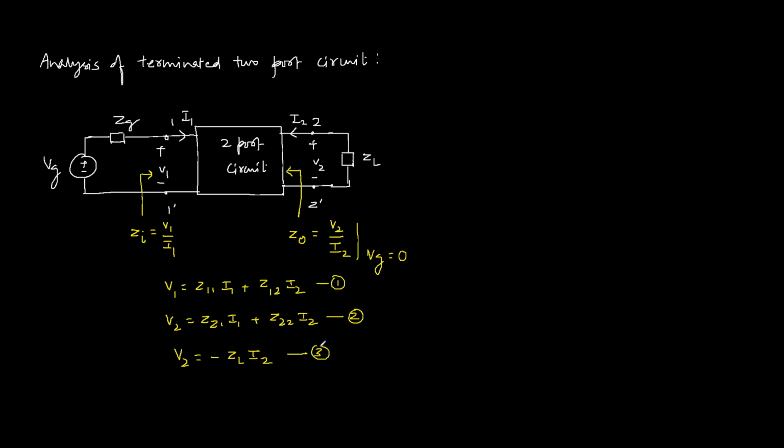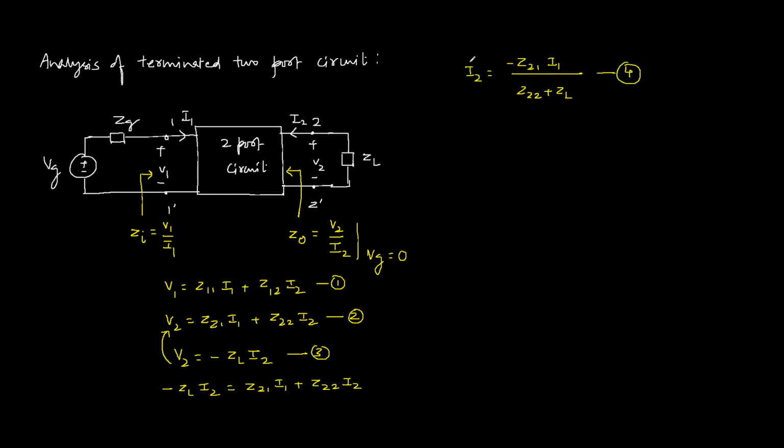This is equation 3. Substituting this V2 in equation 2, so we have minus ZL I2 equal to Z21 I1 plus Z22 I2. From this equation we can write I2 in terms of I1, so that I2 is Z21 I1 over Z22 plus ZL with negative sign. So this is I2 in terms of I1.